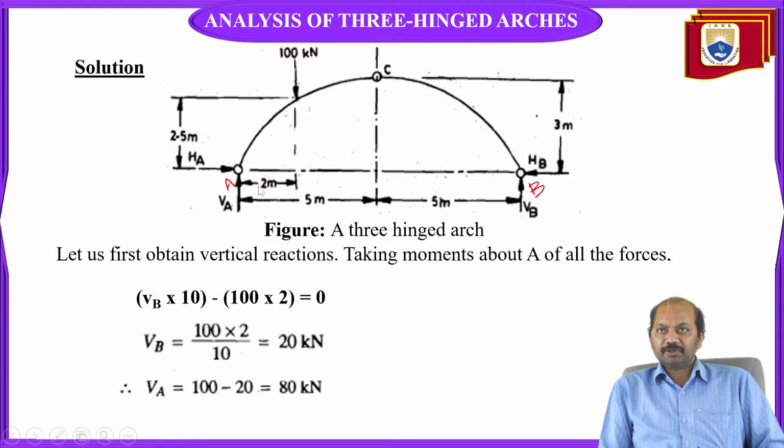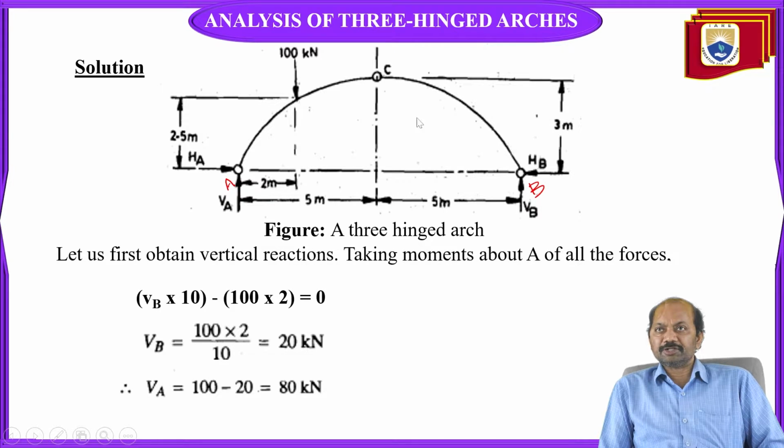You can see B is located at a distance of 10 meters, 5 meters plus 5 meters, from support A. So we can write the moment about A: VB into 10.